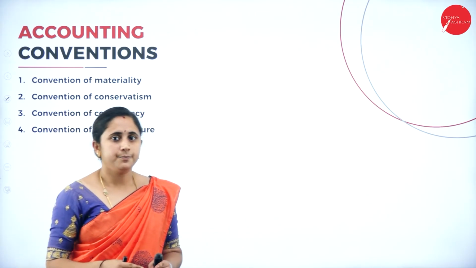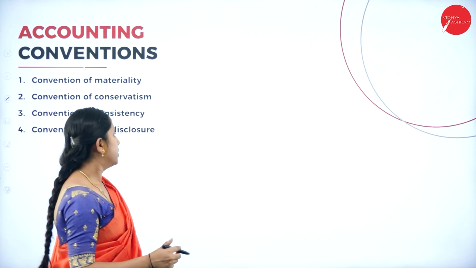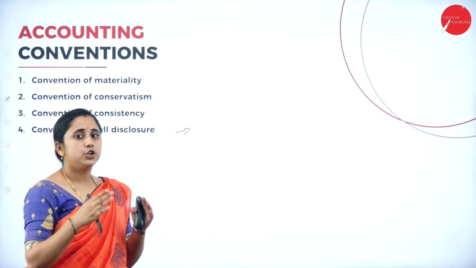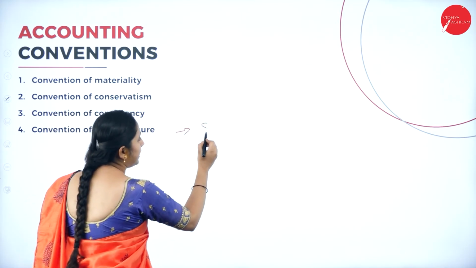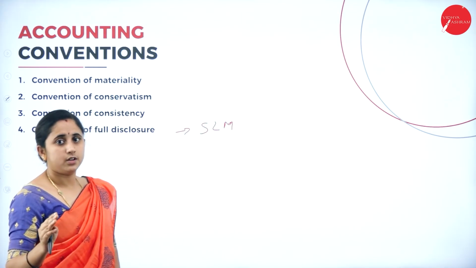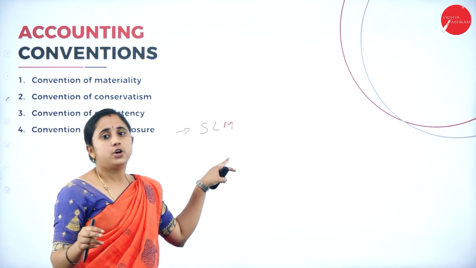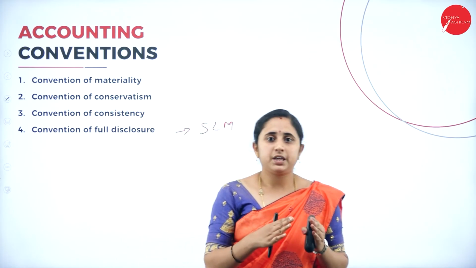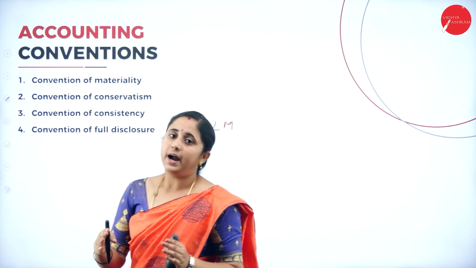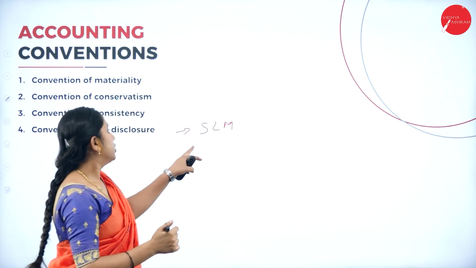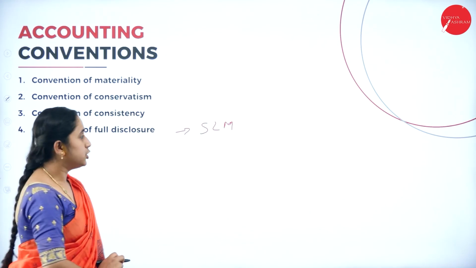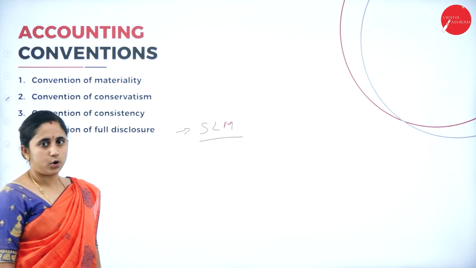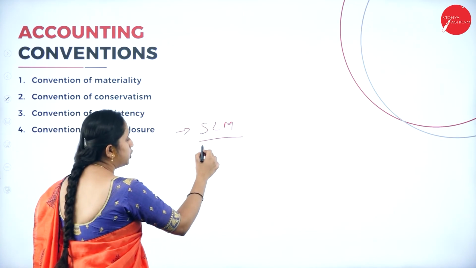For example, in business, at the time of beginning, you decide that you are following the straight line method of depreciation. When you start calculating your depreciation on the straight line method, you should follow the same method for the next year and not change your method of depreciation.